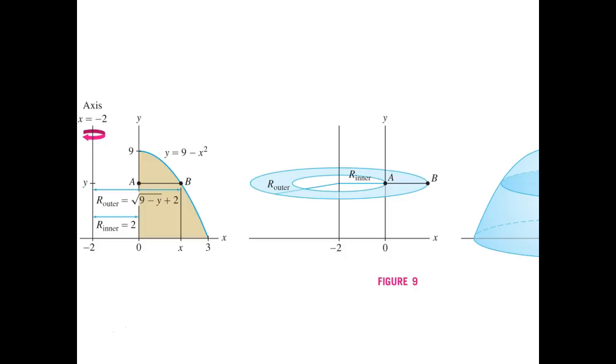That's what's shown there, right here. Y is equal to 9 minus x squared, for 0 less than or equal to x less than or equal to 3. So you got 0 to 3 here. About the vertical axis, x equal -2. Here's your axis.